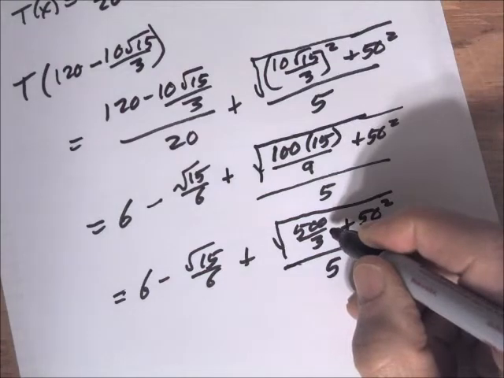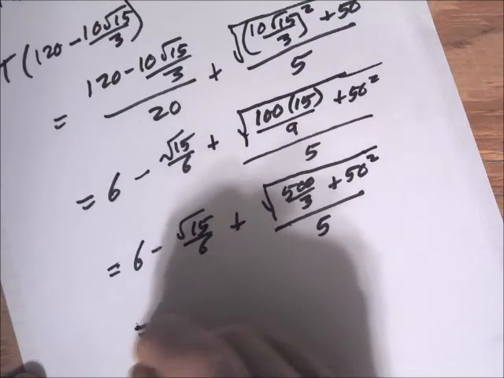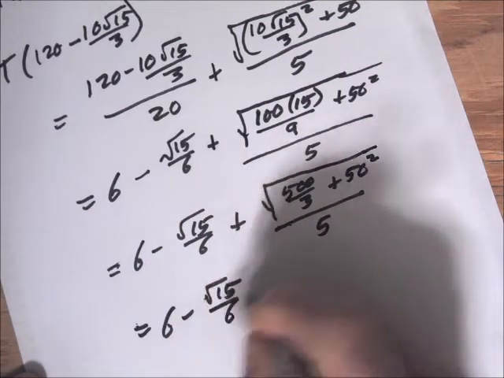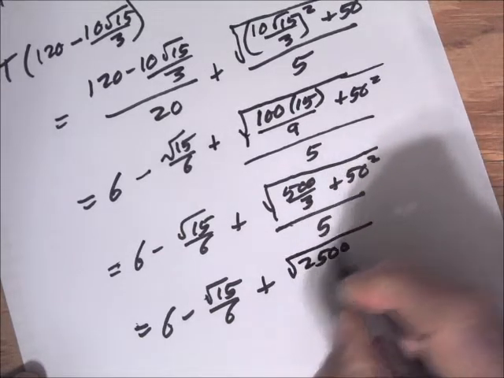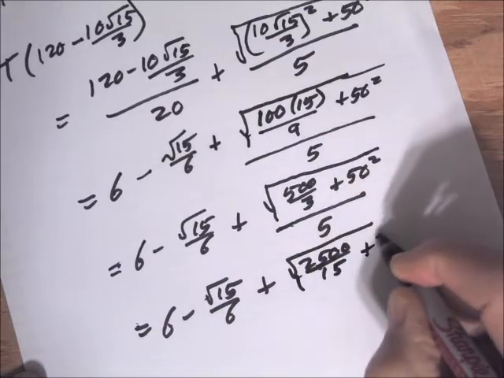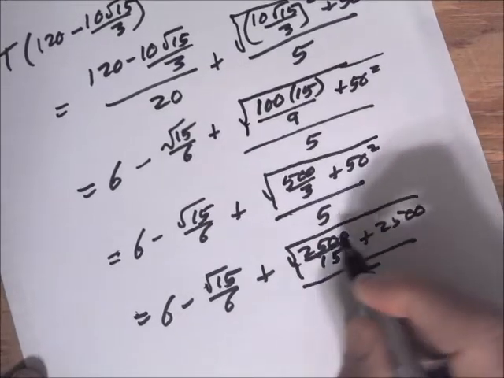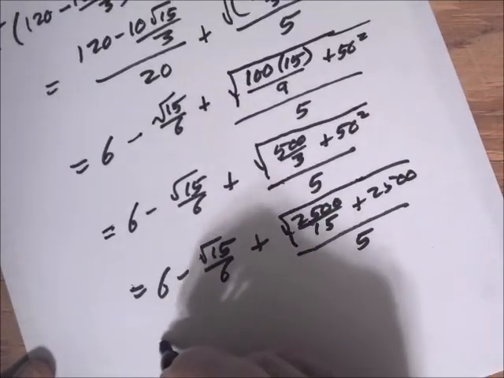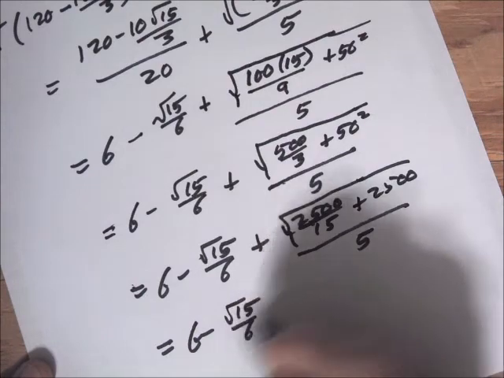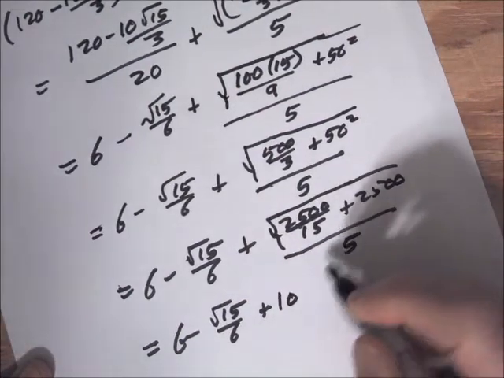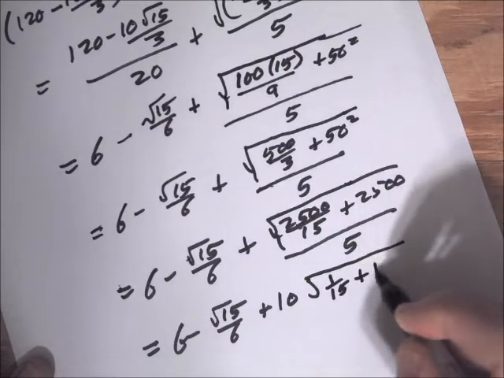If we multiply top and bottom by 5, we have 6 minus root 15 over 6 plus 2500 over 15 plus 2500, over 5. And then we can factor out the 2500. Square root of 2500 is 50. And then 50 divided by 5 is 10. So this is 6 minus root 15 over 6 plus 10, and we'll have square root of 1 over 15 plus 1.